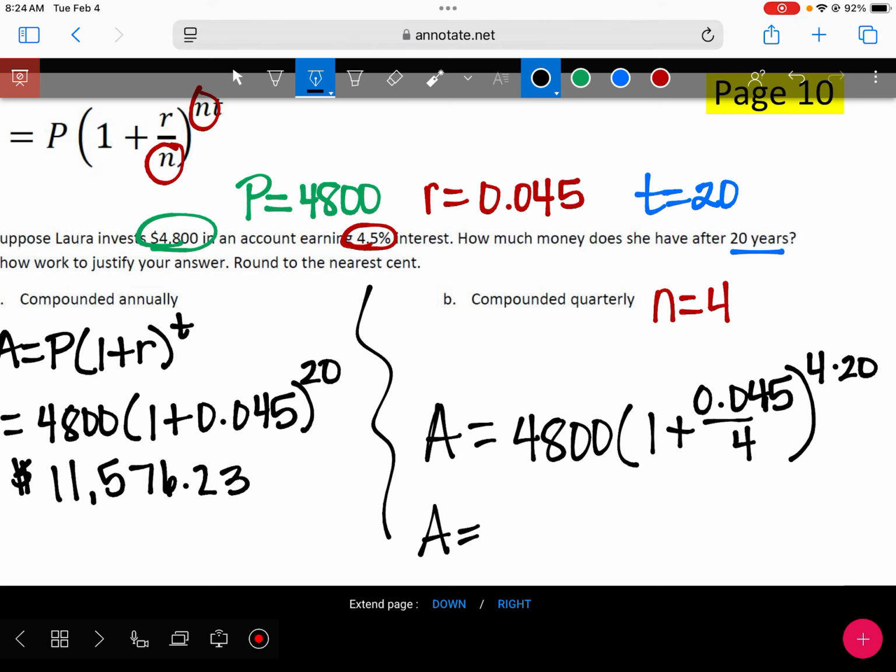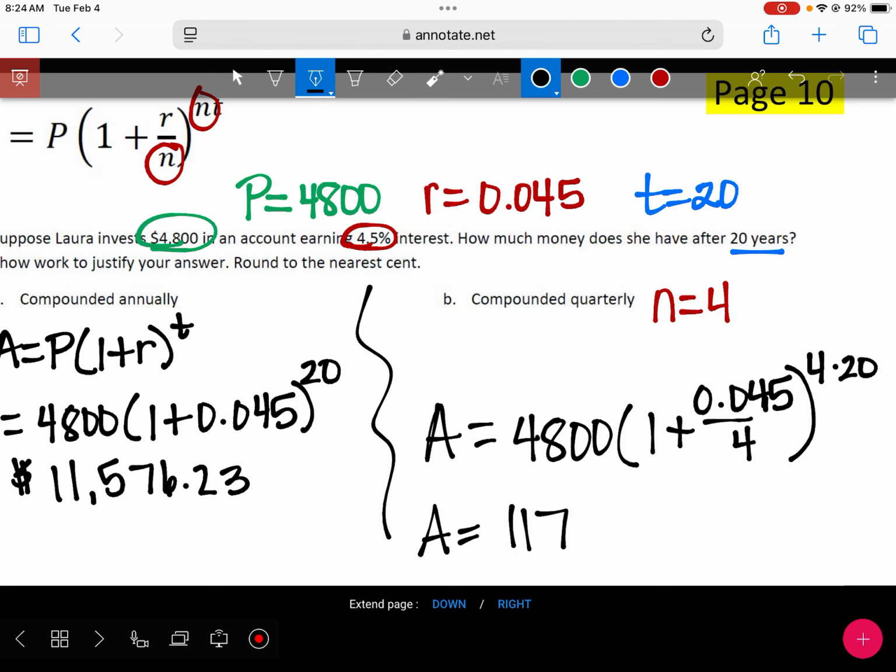Close the parentheses, hit this exponent button, and then hit 4 times 20. It's multiplication, not a decimal.